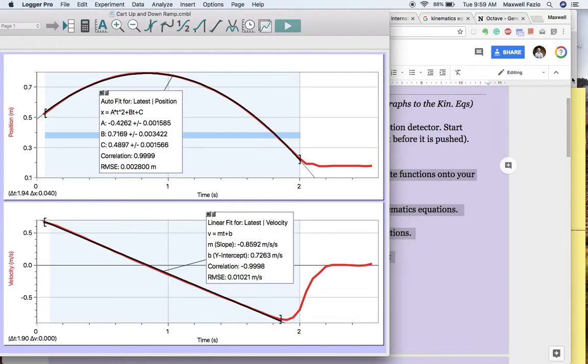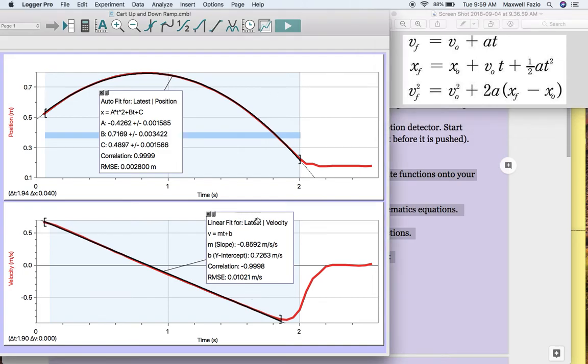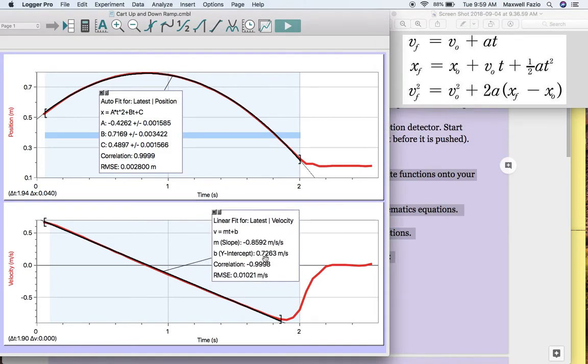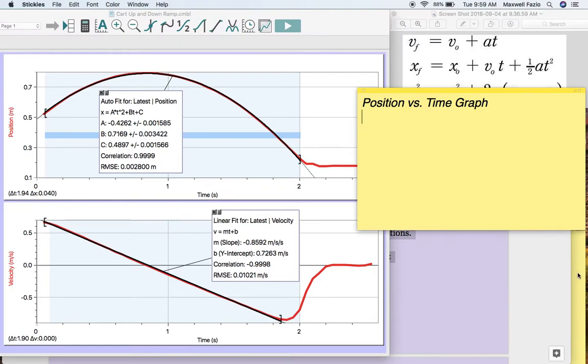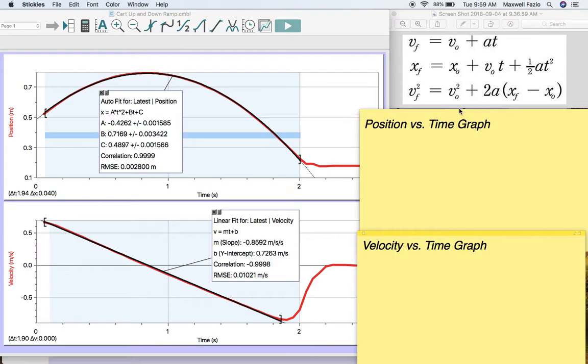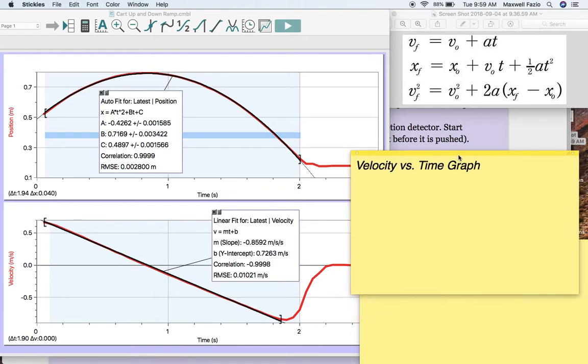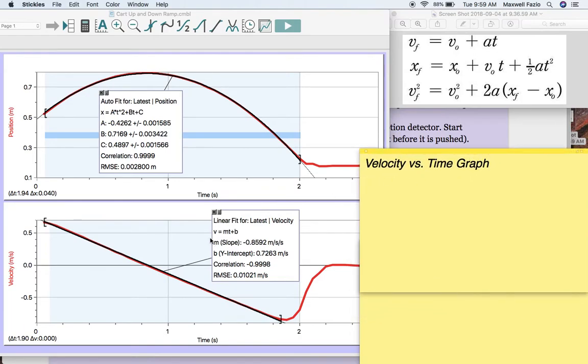So as a starting point, let's look at the kinematics equations and try to relate them to our velocity versus time graph right here. So, that's position. We want to look at velocity versus time. We'll come back to position versus time in a minute. So for our velocity versus time graph, let's just think about how this relates to these.